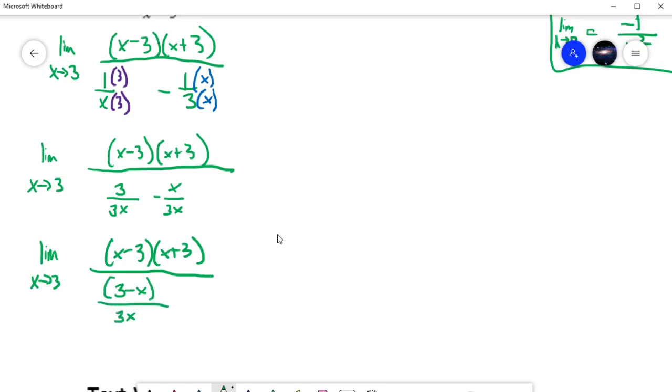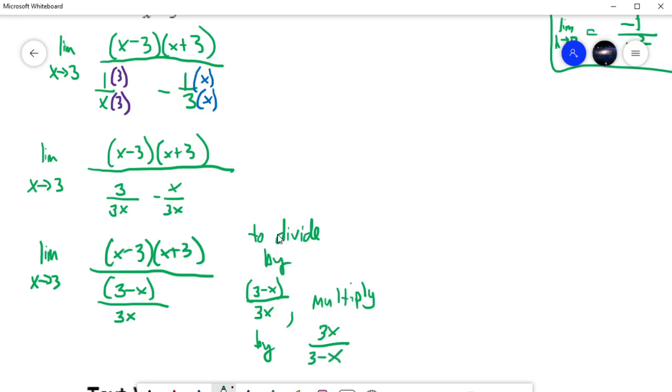Now, think back to what I just said before. To divide by 3 minus x over 3x, multiply by its reciprocal, right? So I'm asking you to divide.